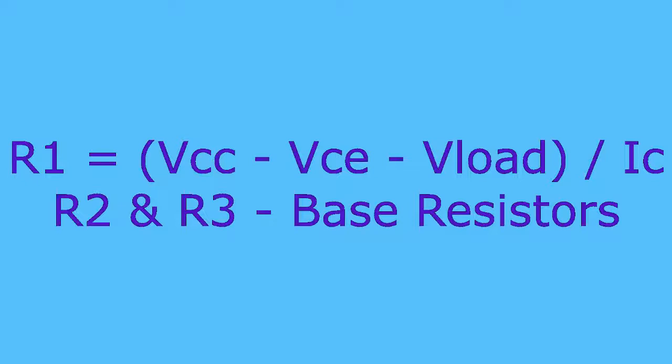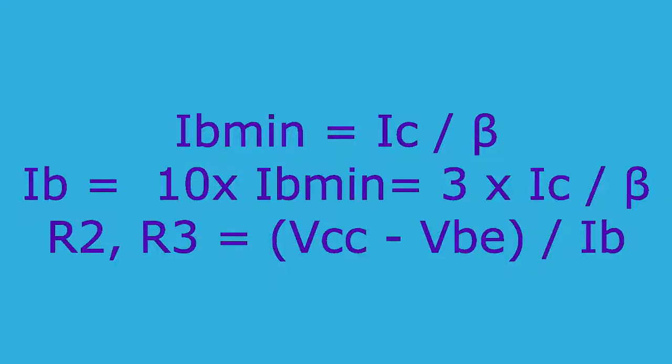R2 and R3 should be chosen such that each gives the required collector current during the saturation state. The minimum base current IB minimum equals IC divided by beta, the hFE of the transistors.